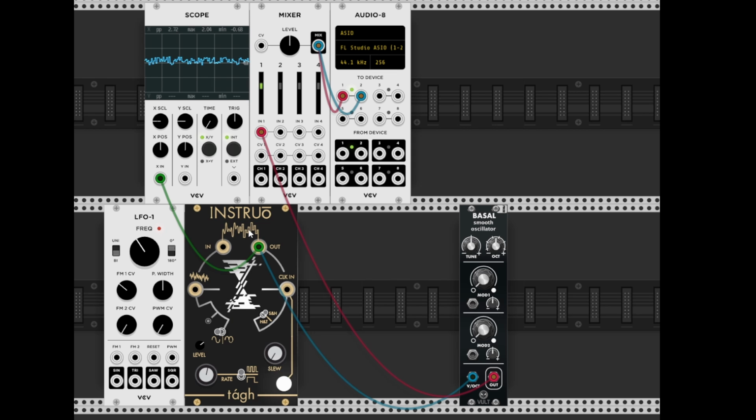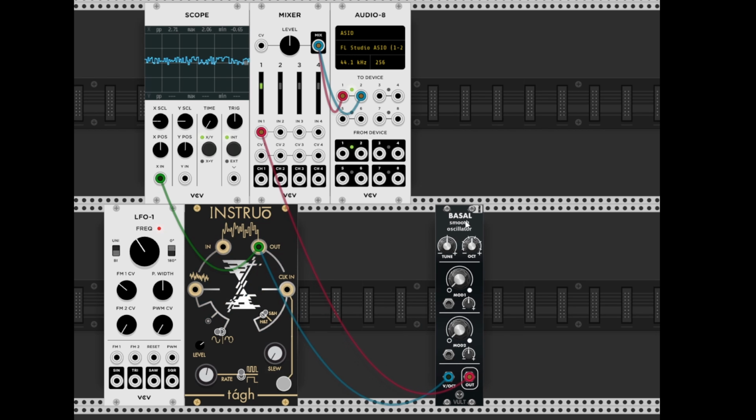Now here I'm making use of the sample and hold unit, using as a sample source the internal noise unit, which is internally led to the sample and hold unit, and the result is given out here at the output. I use Basil to demonstrate it audibly, and you can see the results here in the scope.